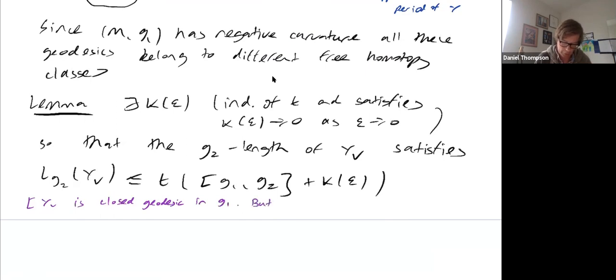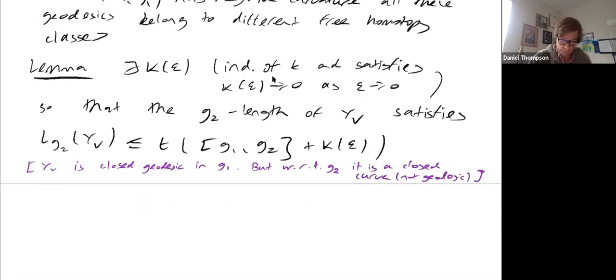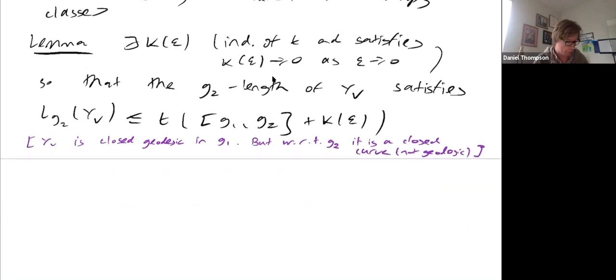But if we're looking at it with our G2 goggles on, with respect to G2 it is a closed curve, presumably not geodesic. As far as G2 is concerned, it's just some closed path. We can still measure its length, but it's not geodesic anymore. So it's a closed geodesic in G1, and I'm measuring its G2 length. Two different ways of measuring.